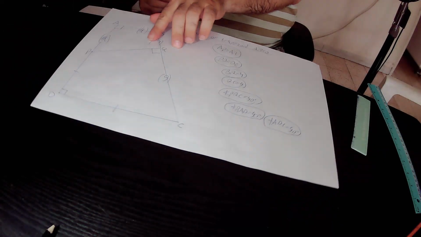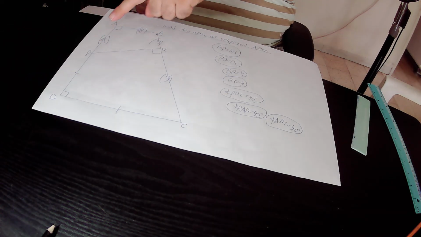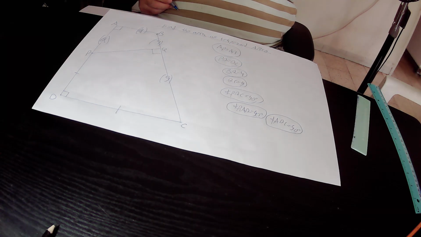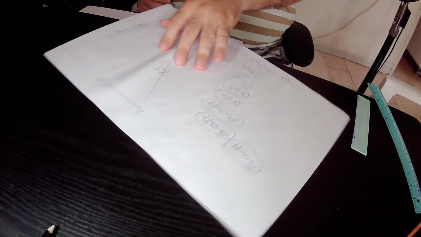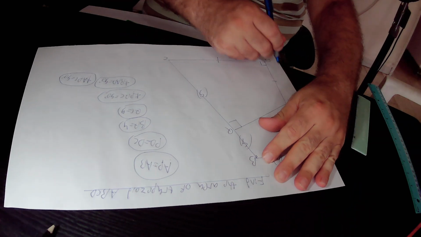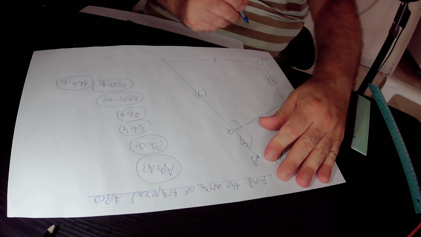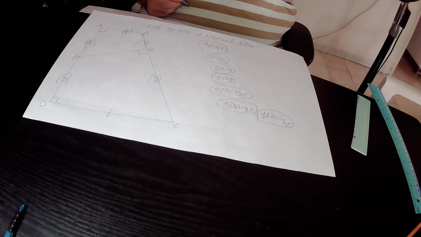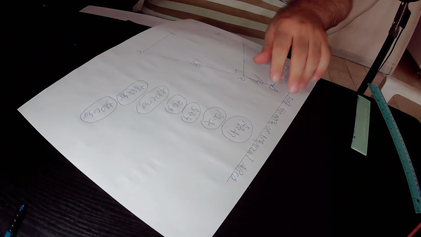Likewise, it is given in the question that line segment PD equals side DC. So if we define the length of line segment PD as B, then the length of side DC must also equal B because they are equal to each other according to what is given in the question.